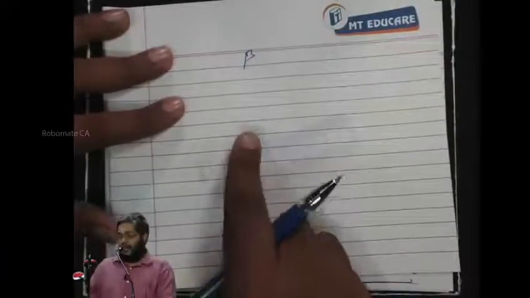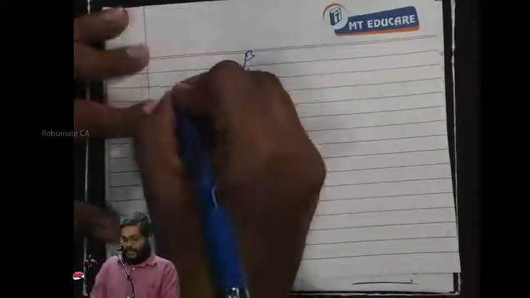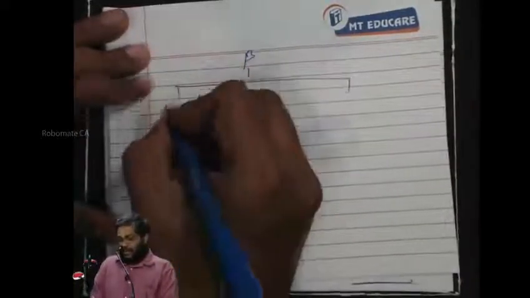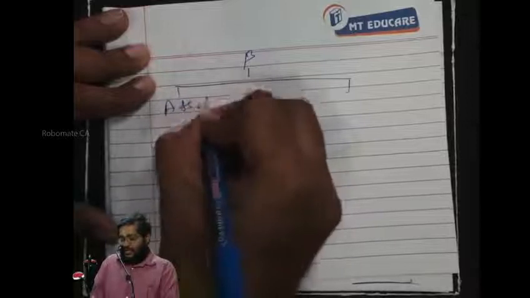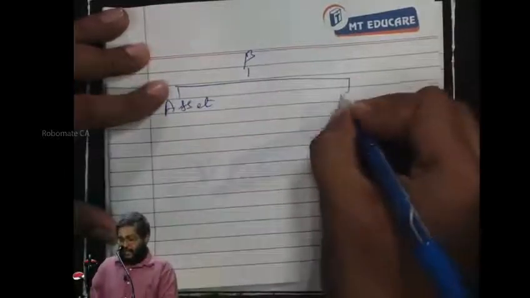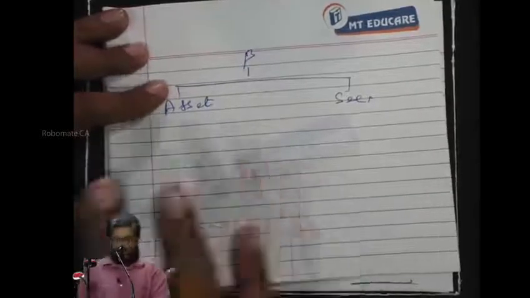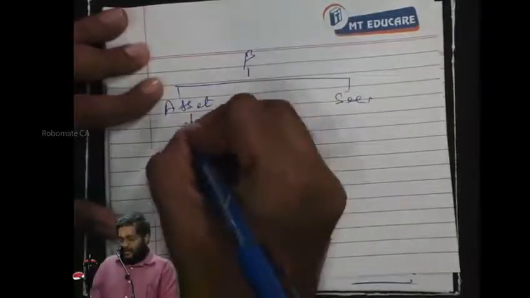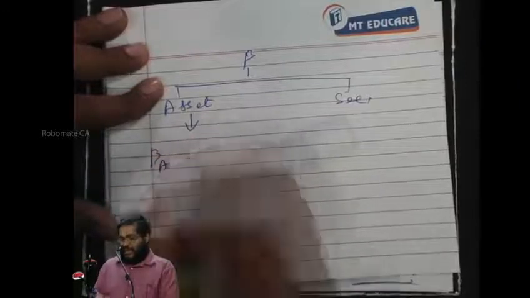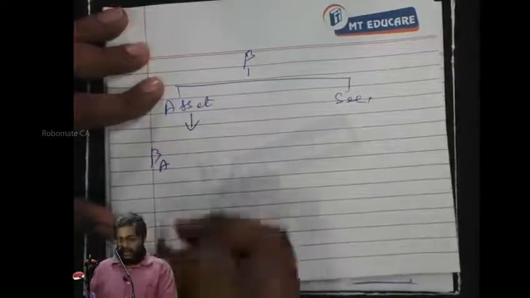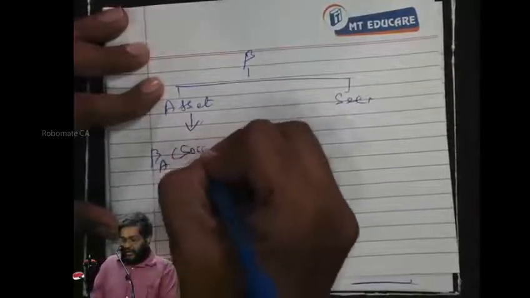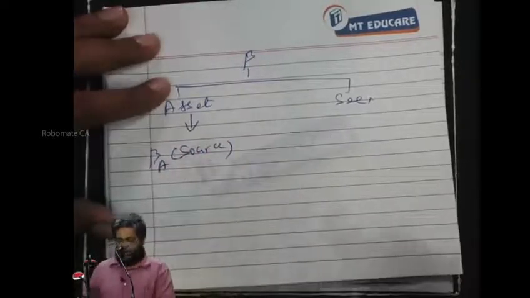Beta, let us classify this beta into 2 types. One is beta of the asset and the other is beta of the securities. I'll explain this. This is called asset beta. They call it beta A. I will call this the source beta. Okay.